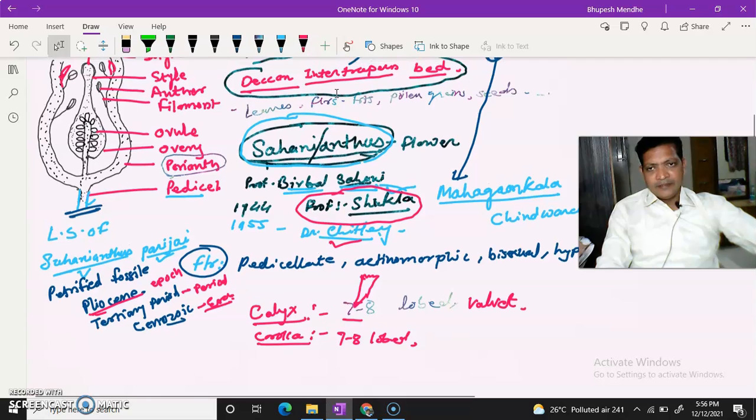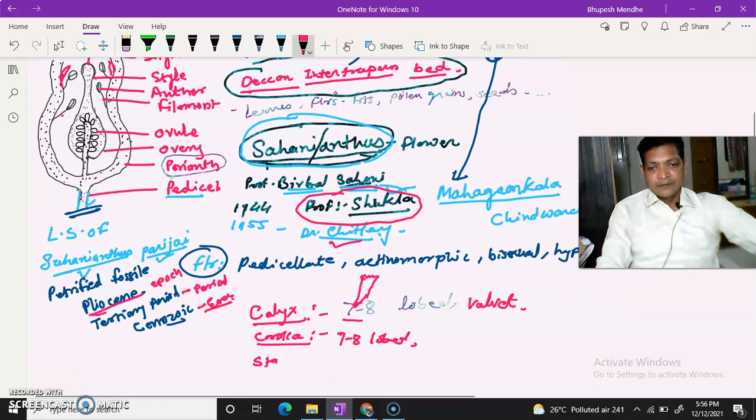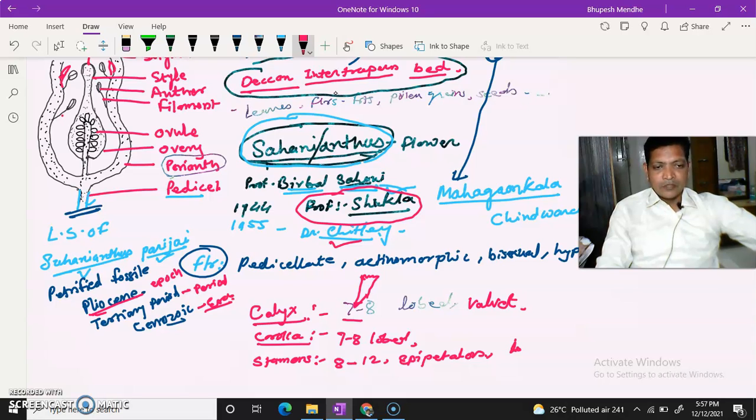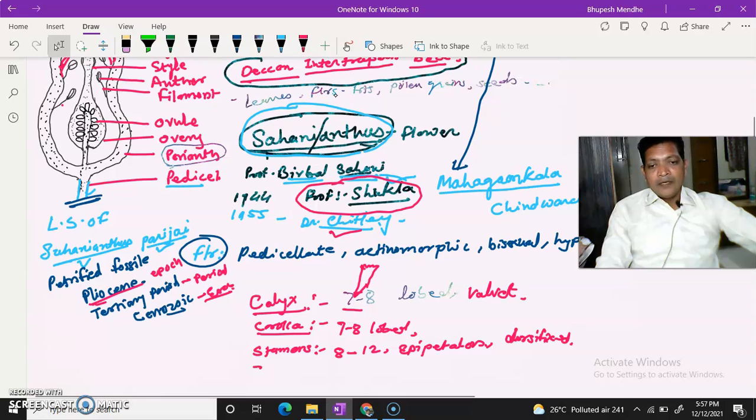Again, you can find that these are the anthers, sorry, stamens, 8 to 12, and epipetalous. What is the peculiarity of the stamen? They are attached to the petals, therefore they are epipetalous, and the attachment of the anther to the filament is dorsifixed. So this is about the anther.